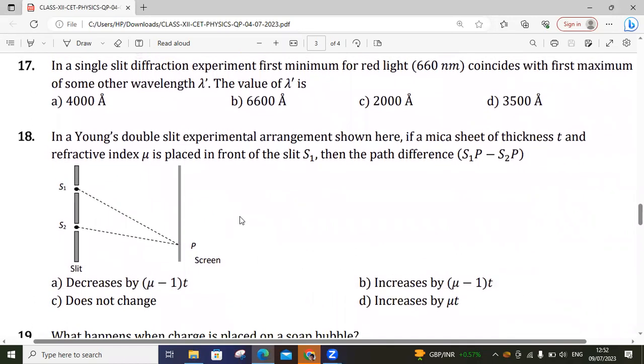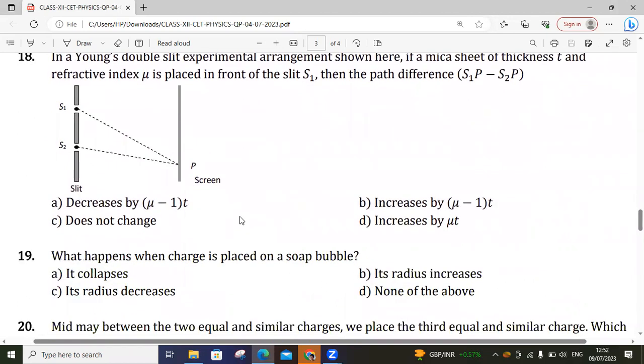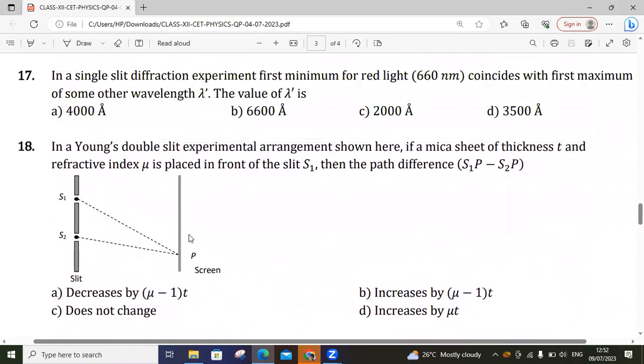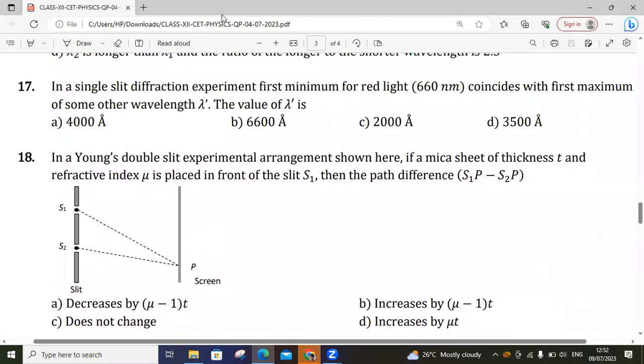Now we'll solve these 17th and 18th. After that we have electrostatics, I think. So 17th and 18th we will discuss. So three questions are remaining: 8, 15, 16. That I will explain.